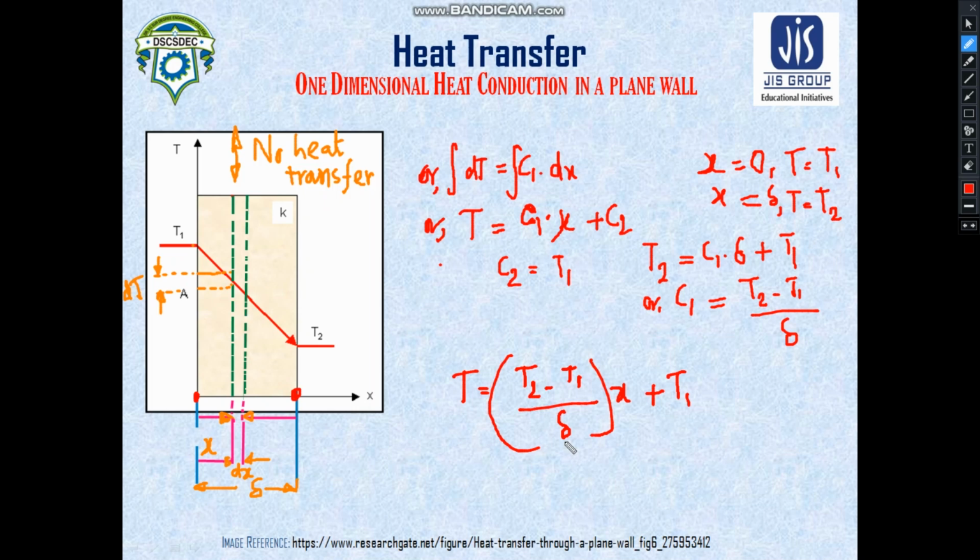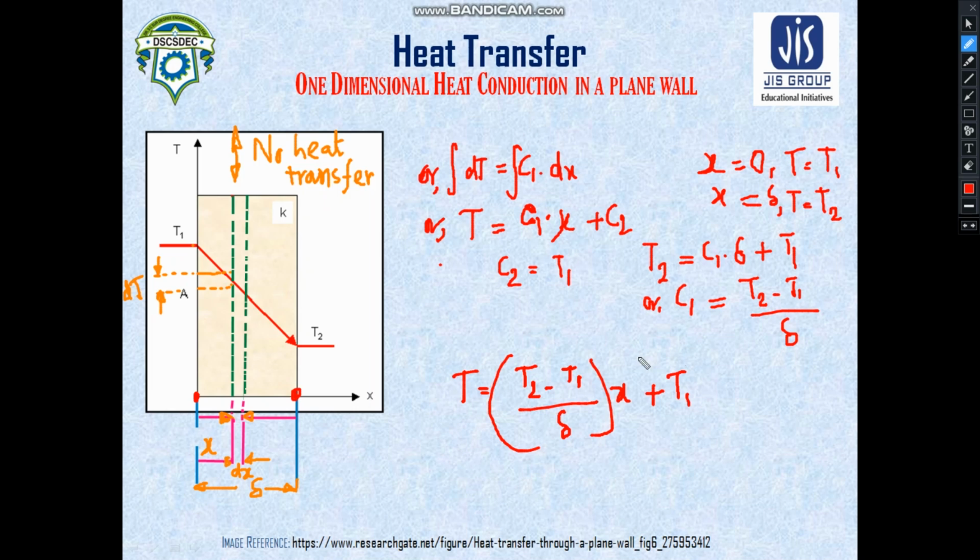Now, this line was already there when we started the derivation. So I think some of you may have a question: how did this line emerge? How can this line be generated? It is because of this equation.